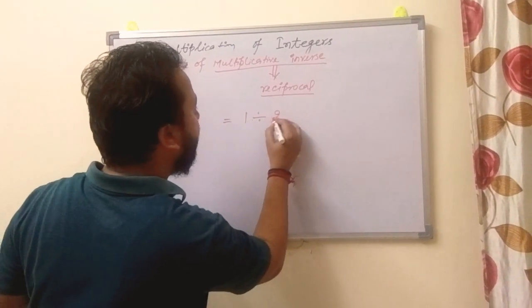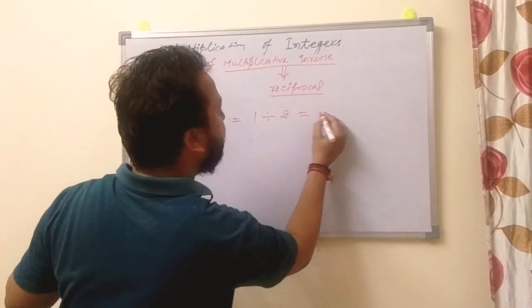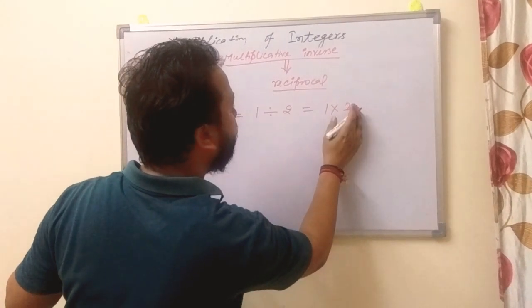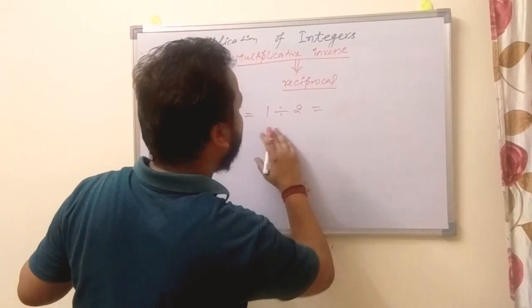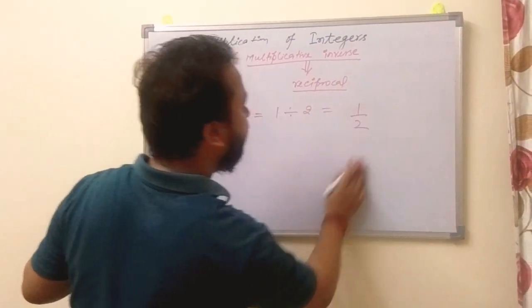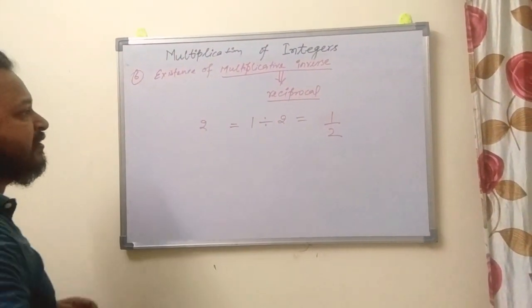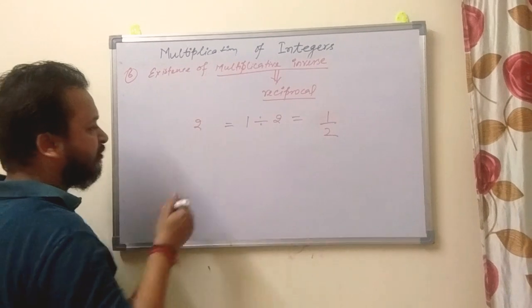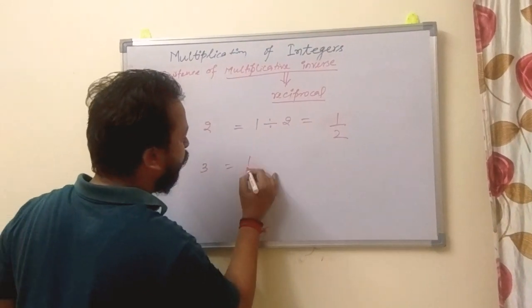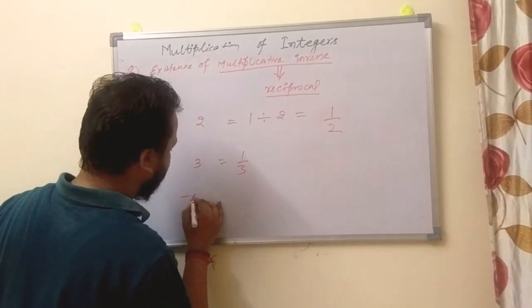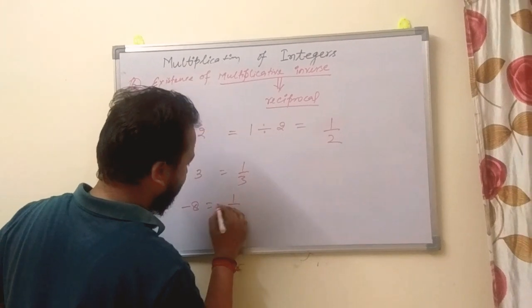So 1 divided by 2, that is 1 by 2. Right? This is reciprocal. So reciprocal of 3 is 1 by 3. Reciprocal of -8 is -1 by 8.